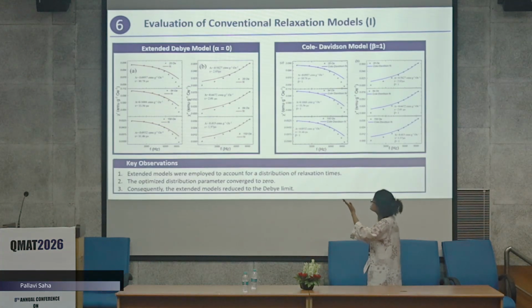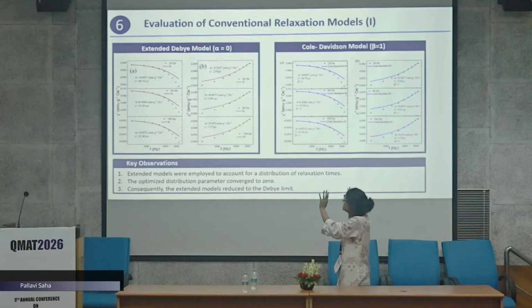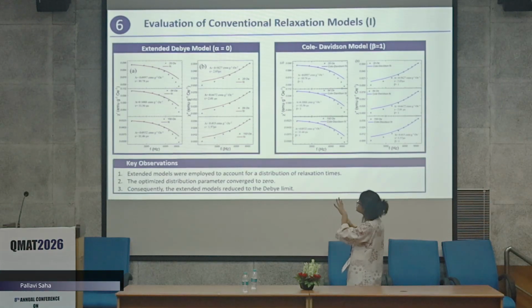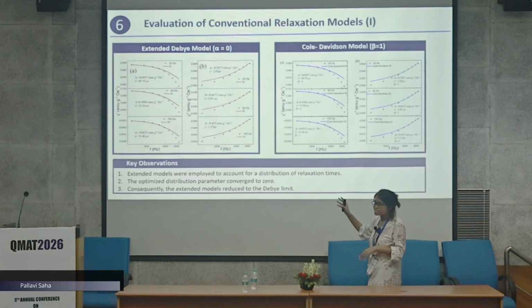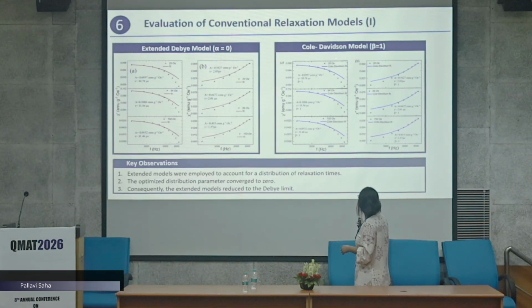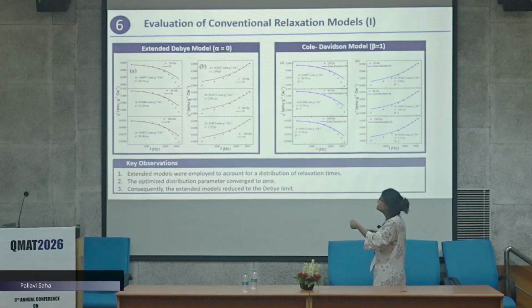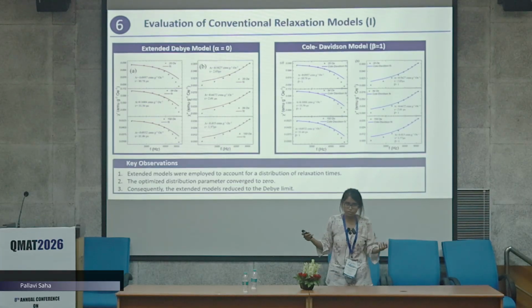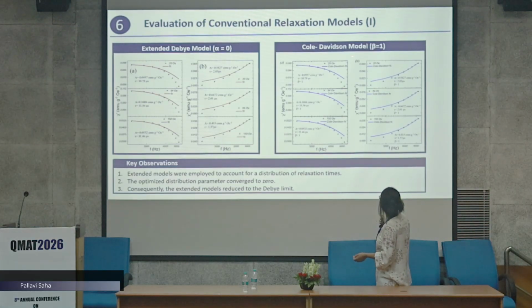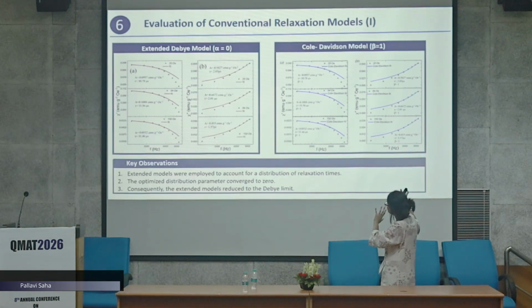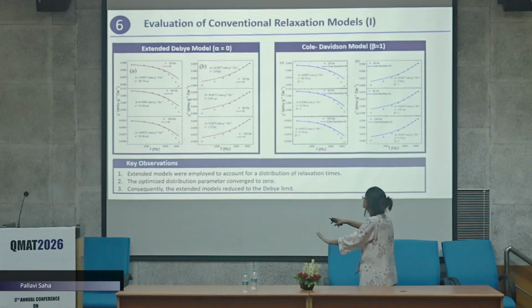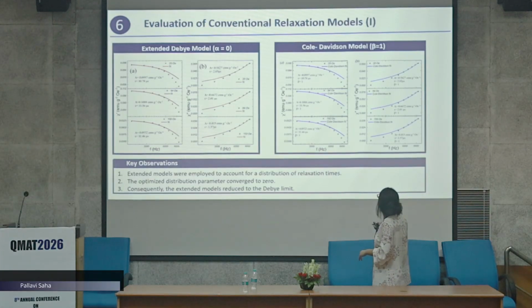When we tried to understand this behavior with the Debye model, we found that the data didn't follow the Debye model completely, although the best thing we found was that the distribution is 0, but the Debye model could not explain the data. The next one is the Cole-Davidson model, which is again an extended Debye model with the distribution in the relaxation time. And we can see that again the distribution in the relaxation time dropped down to 0. That is, it came to the Debye limit, but it could not explain the data.